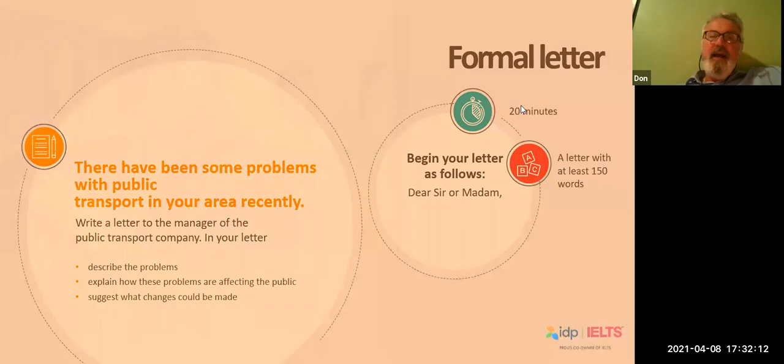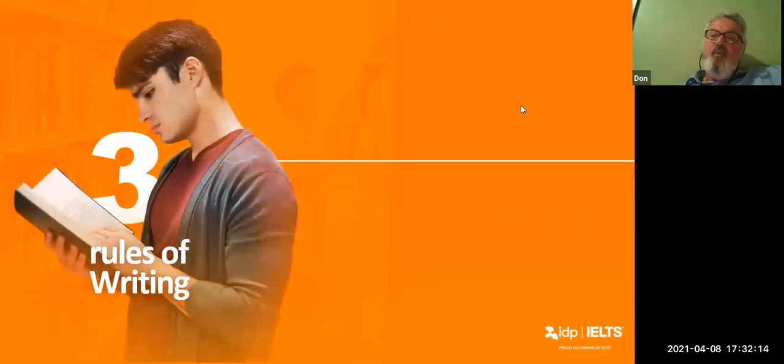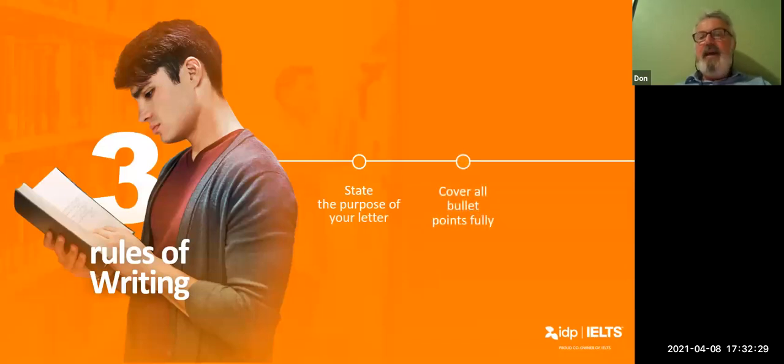Let's look at how one person has written this letter. And this person has done 3 important things. Firstly, they have stated the purpose of the letter at the beginning. Secondly, they have covered all of the bullet points, those 3 bullet points, fully.